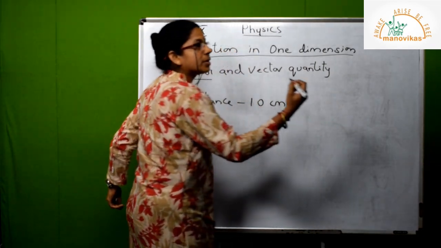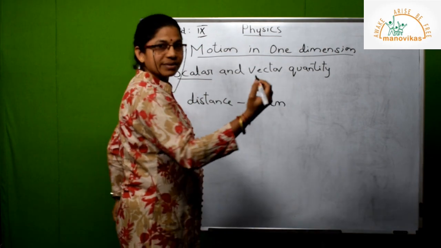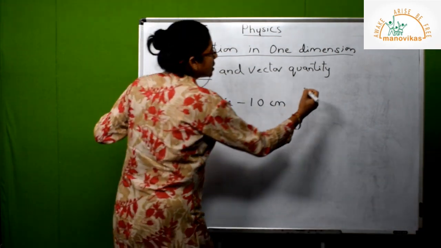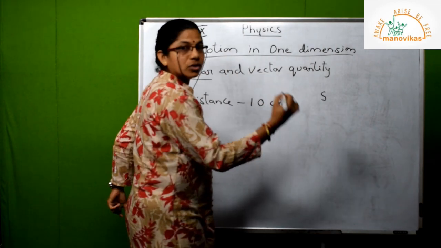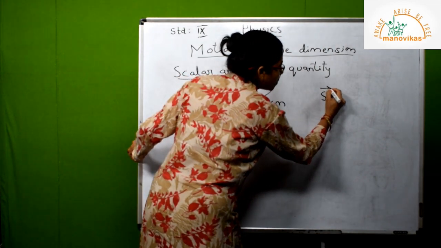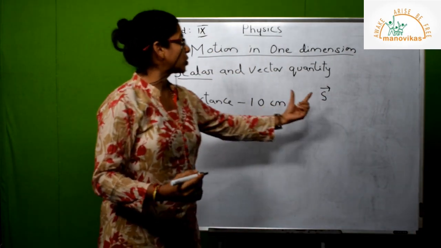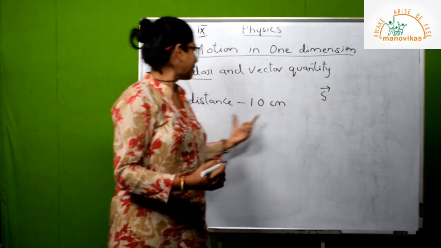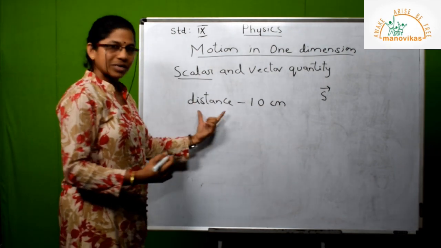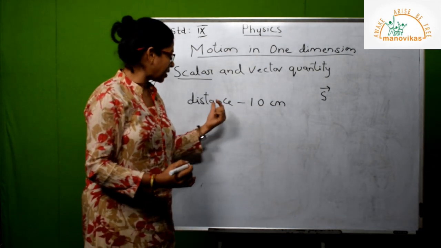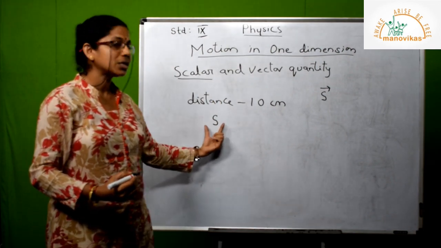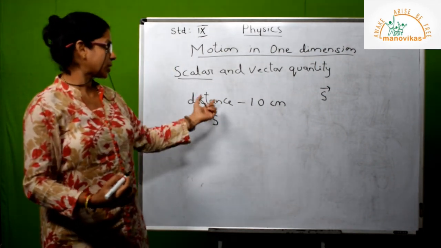For example, displacement is a vector quantity, and suppose you use S, you need to put an arrow on top, so you know that you're talking about a vector quantity. Whereas for distance, if you just write it as S, without any arrow, that means we're talking about a scalar quantity. Okay, that is the difference.